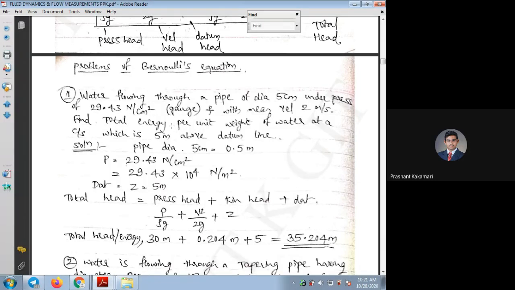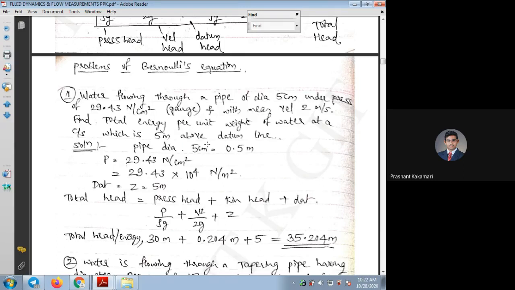Total energy per unit weight of water at a cross section which is 5 meters above. See here, now this pipe is not exactly horizontal, or it is not kept at the ground zero. Where is it kept?